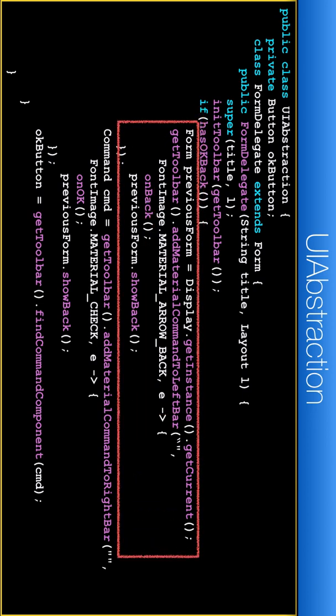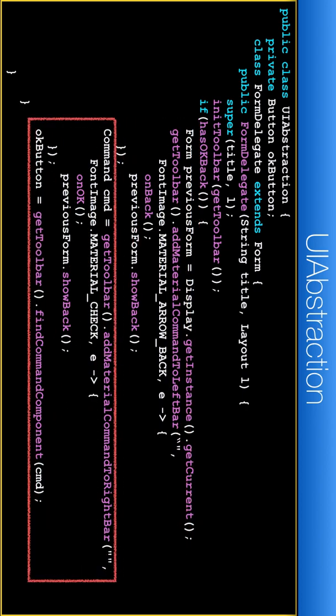We implement this in the form in a very generic way. We just add a command and implicitly show the previous form. We have an onBack callback that allows the subclass of the UI abstraction to intercept this behavior and bind logic to the cancel operation.